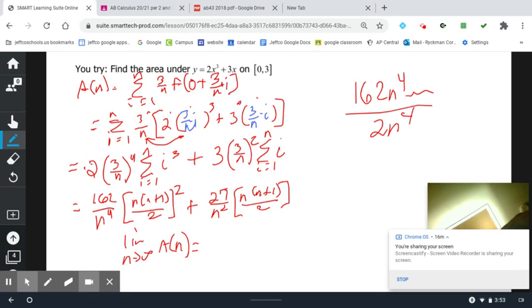So that one seems like 81. The second looks like 27n squared and stuff over 2n squared. So that seems like 27 over 2. So I think my answer was incorrect. It's not 54.